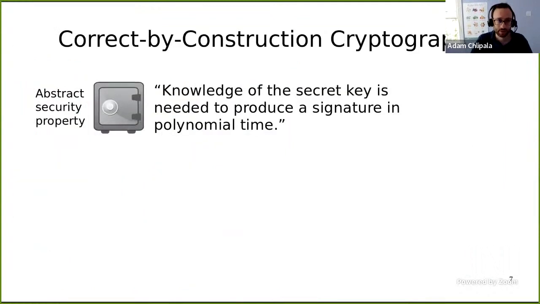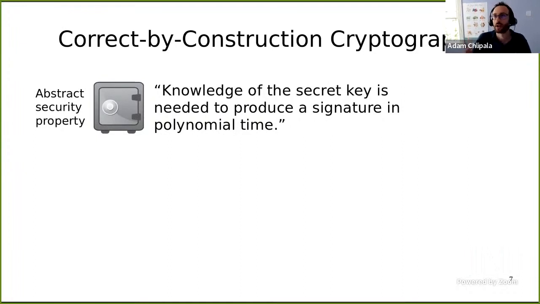Okay, so let me talk about some of the bigger context here, some of which you've probably already seen in a VST workshop, but I'm not sure since I haven't seen the rest. What is this formal methods for cryptography area all about? Well, the gold standard that you always want to wind up with is some abstract security property, like you couldn't possibly produce a convincing signature unless you knew a secret key.